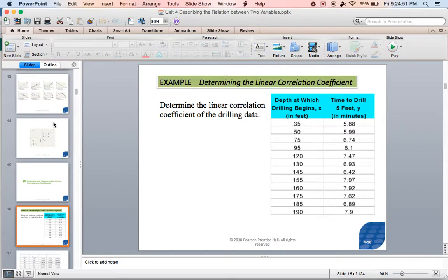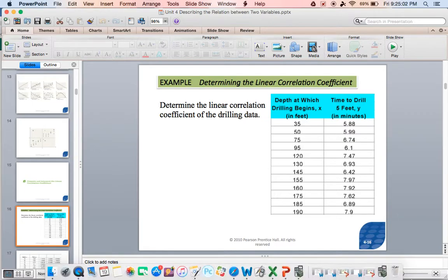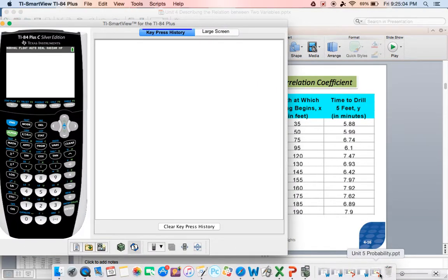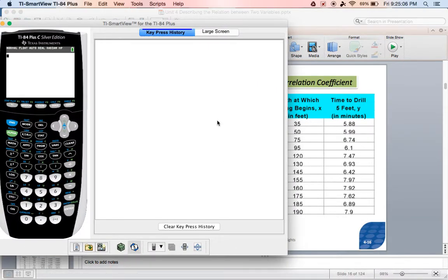Now, that formula that you had a couple of slides back showed how to get the linear correlation coefficient. We're going to look at it using the calculator. So here are the data points that were before. I'm going to bring up my calculator here as you do the same. For us to identify the correlation coefficient, we're going to need to turn on the diagnostic.